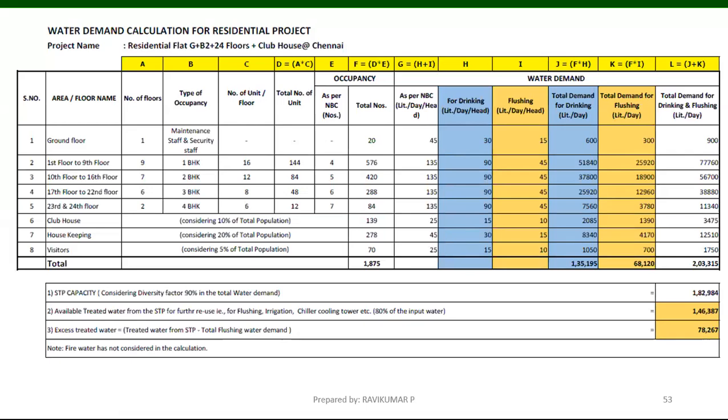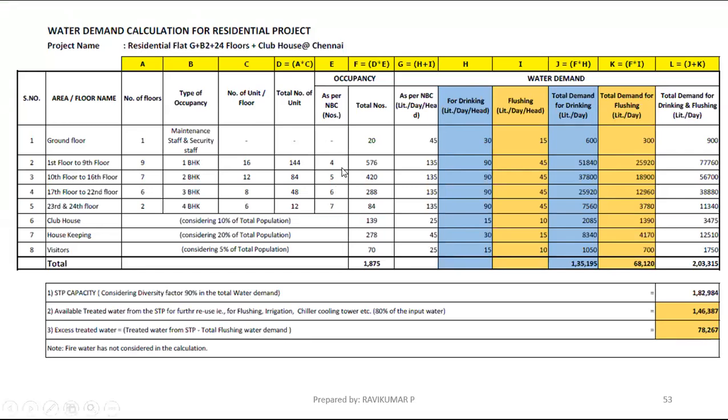For the 1 BHK, how much does the NBC say? For 1 BHK, you have to take four people per house, minimum four people per house. So that is what I have put here. After that, the total number of people you have to arrive at: F equals D into E. D is the total number of units.